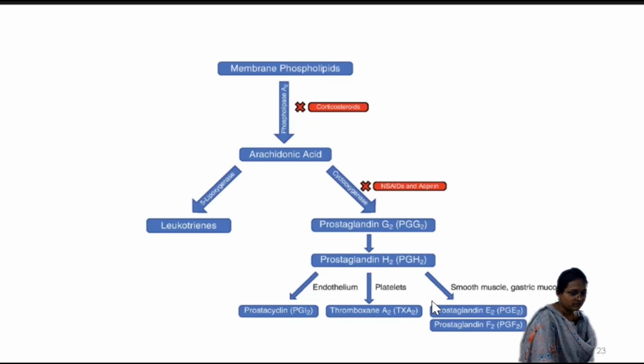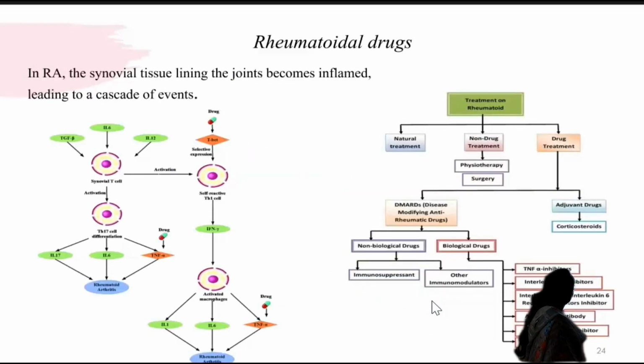Coming to rheumatoid arthritis, it is formed due to mediators like IL-1, IL-6, interleukin 1, interleukin 6, TNF alpha, and others acting on the synovial tissue lining, causing inflammation in the synovial tissue joints.